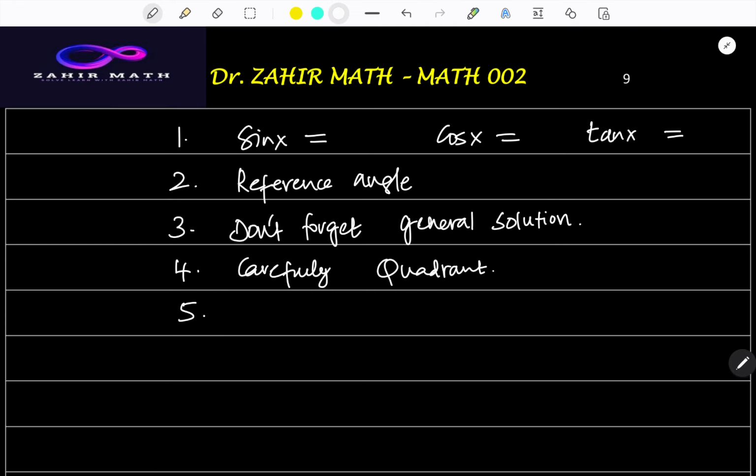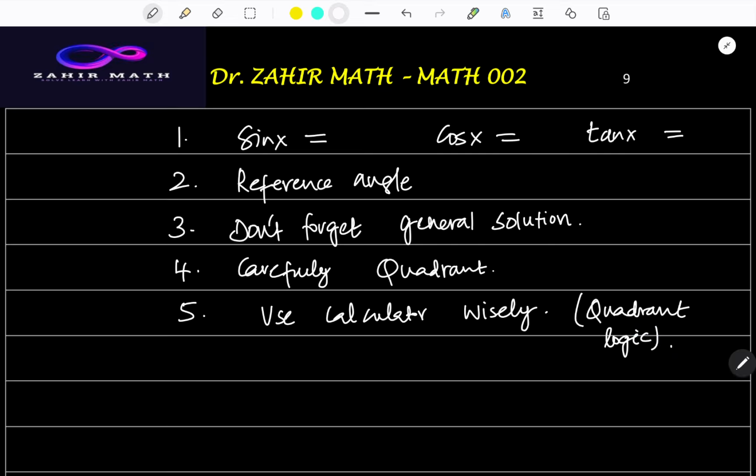Last, use your calculator wisely for inverse values, but adjust based on the quadrant logic. Sometimes you cannot directly take your calculator values; you have to accept the quadrant logic. So these are the 5 points you have to be very careful about in this exercise.